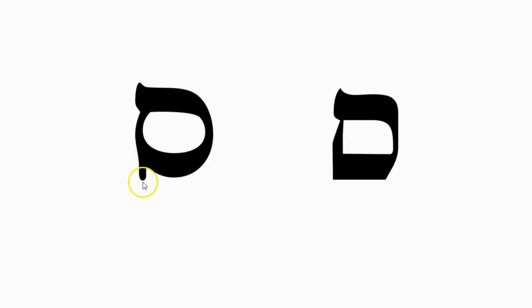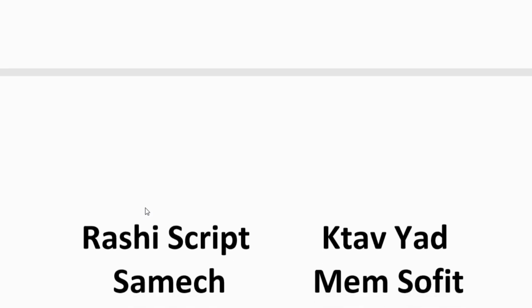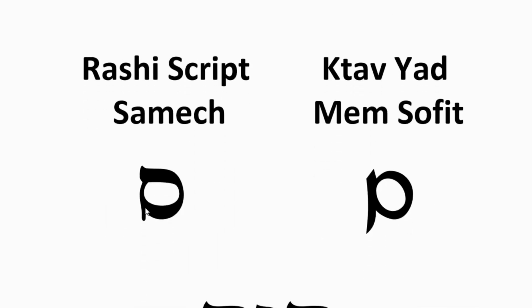Okay, so this is super confusing to newcomers because in Ktav Yad, modern Hebrew script, the mem sofit has a tail. In Rashi script, the samech has a tail. So this further confuses between samech and mem sofit.